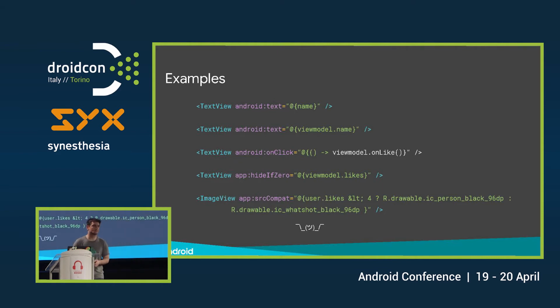Now the fifth one, what's going on here? It looks like it's an image view, and it's assigning something to source compat. Looks like if the number of likes is less than 4, then it's going to show a person icon. Otherwise, it's going to show a fire icon thingy.